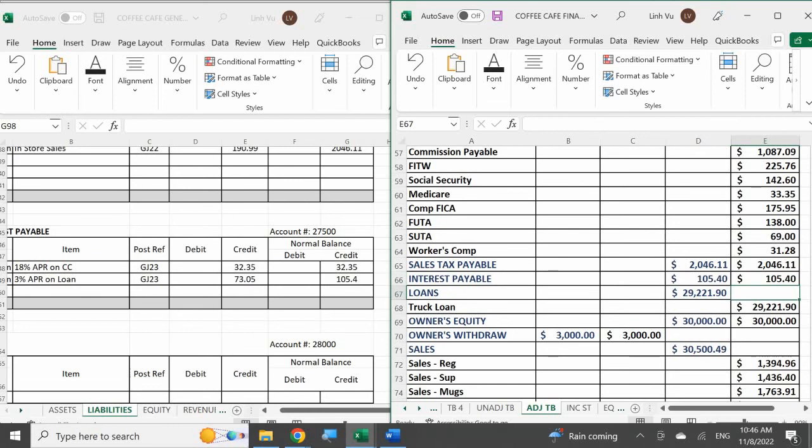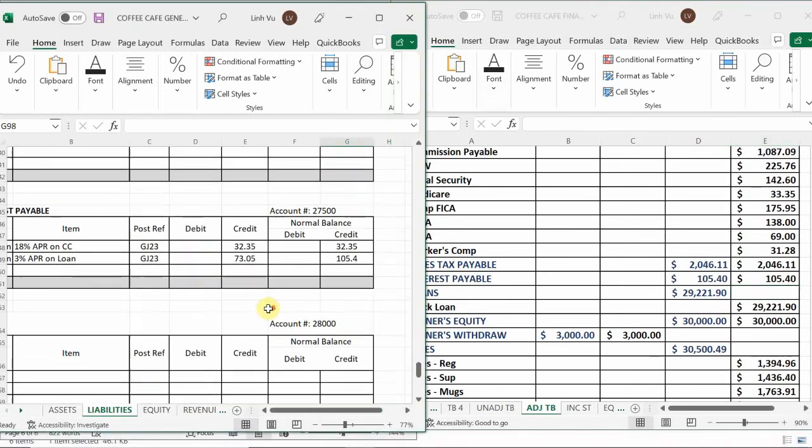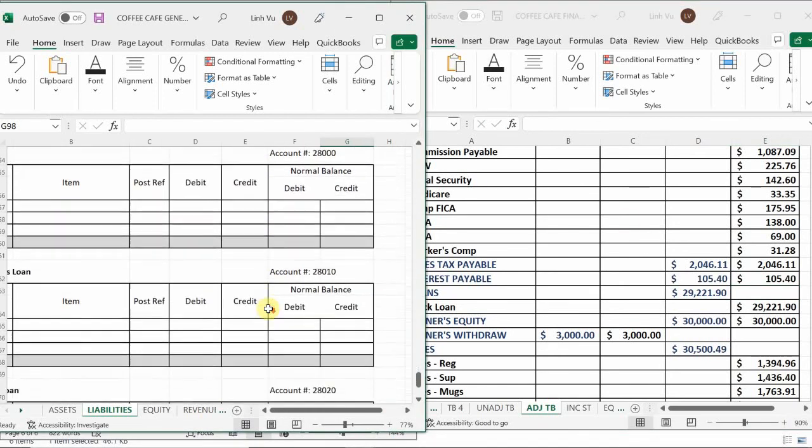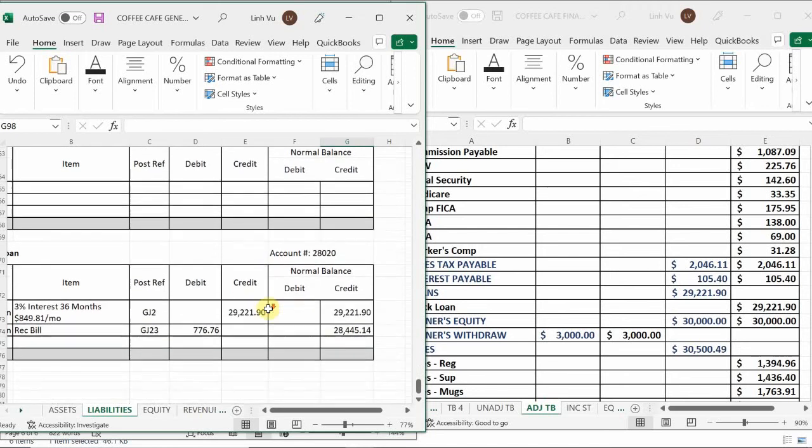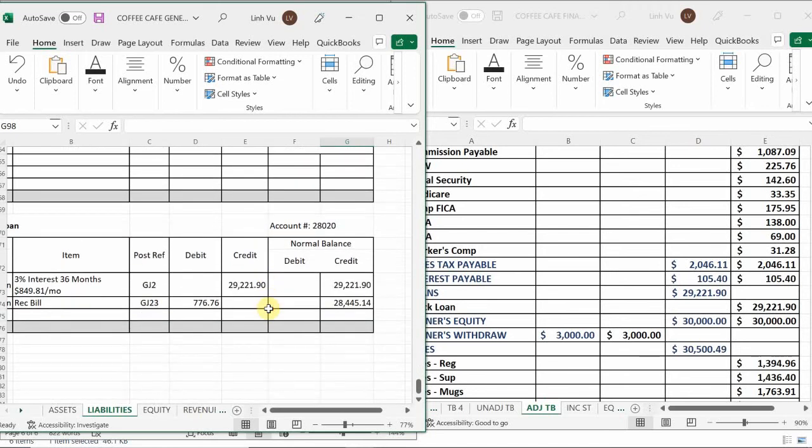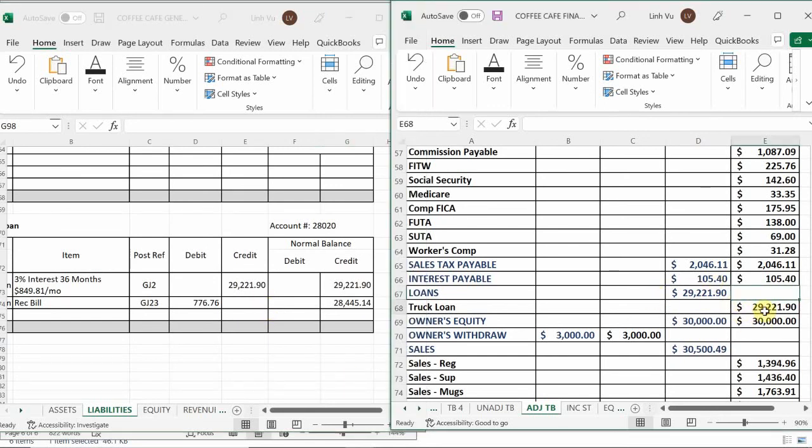Okay. Let's see what's next. Loans. You got business loans? No, but here we end up reducing my truck loan because we received a bill and we assume that we're going to pay off that amount. So now my loan is now $28,445.14.